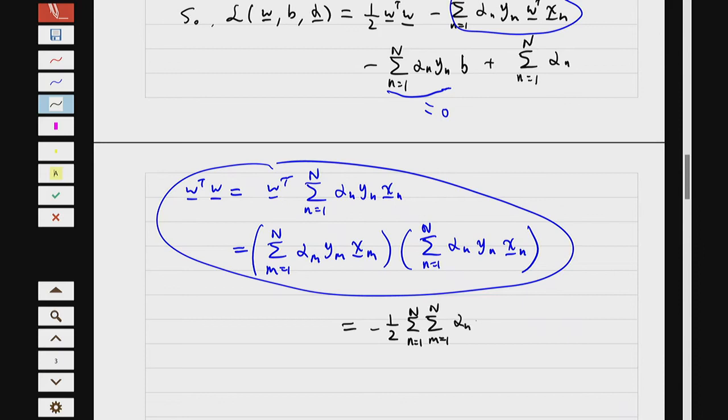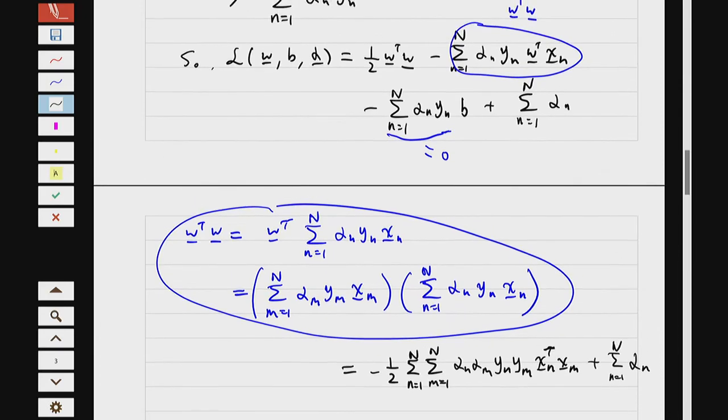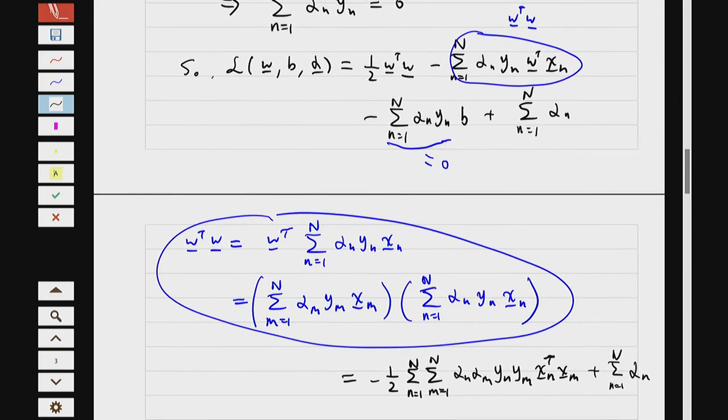And then alpha m, ym, xm transpose xm, right? And then plus the other last term, n equal to 1 to m, alpha m, like that. Okay? Yes, because the W, right? So basically, when I substitute those optimal W in there, that's what I get, right? Okay. Get this very nice, somewhat clean form.